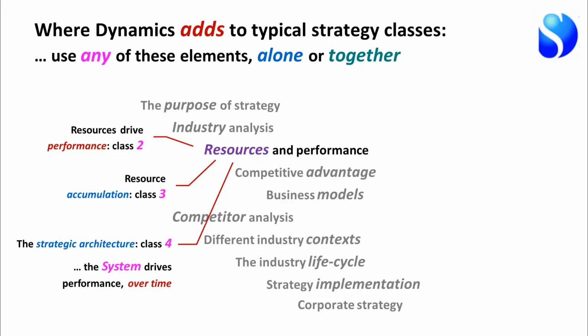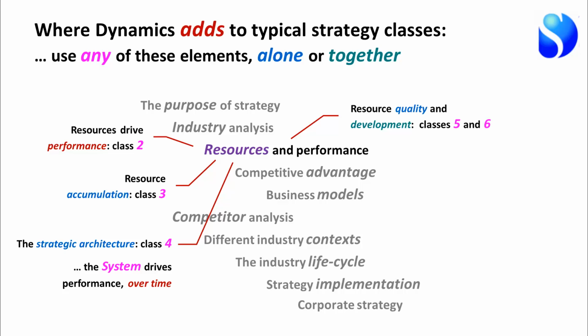The idea that the strategic architecture, the core system of the business, consists of the resources of which it's made up and how those resources work together through their accumulation and interdependence to drive performance, and drive performance over time, the building and sustaining of profits and growth.